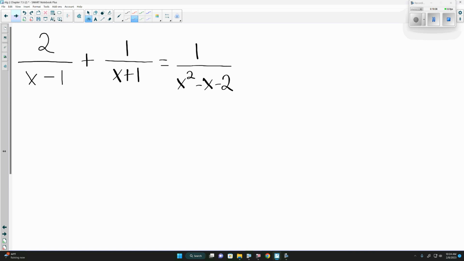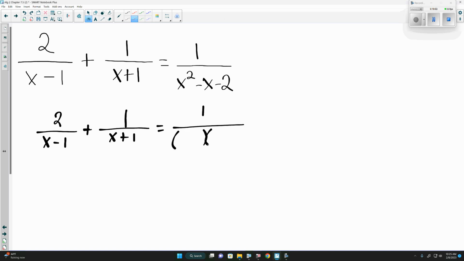Now this one here, just like with the previous ones, we do have one of the expressions in the denominator that we do need to simplify. So we need to factor the x squared minus x minus 2. Since the third term is negative, our signs are opposite.